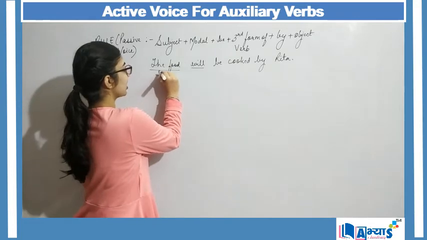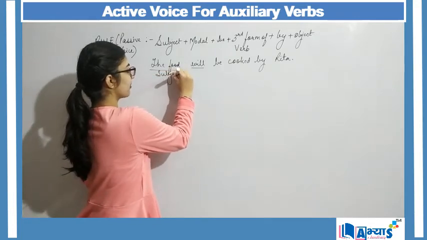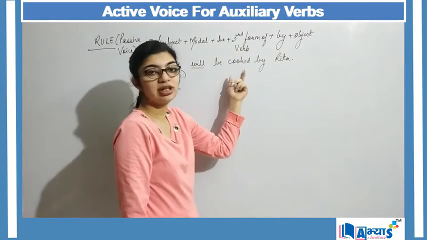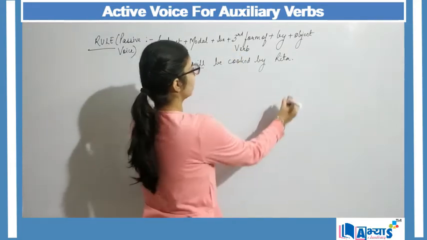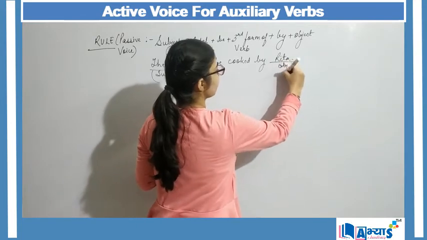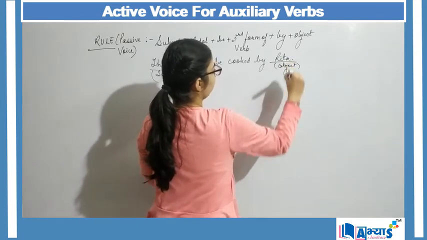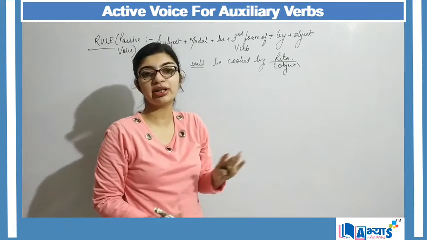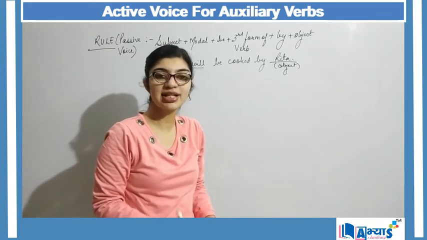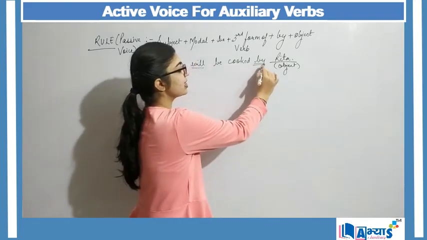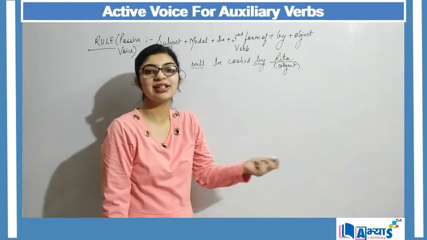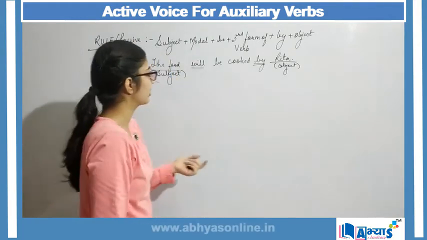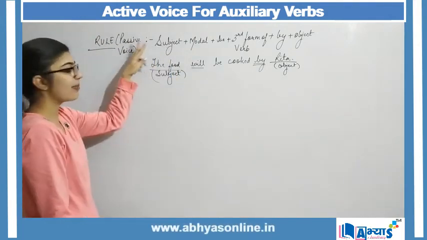Food is my subject. Be as it is. The third form of cook is cooked. And the object is Rita. By is used for passive sentences; whenever we are forming a sentence in passive voice, it is essential to use by, as this is a sign of a passive sentence. Now this was the rule for passive voice.